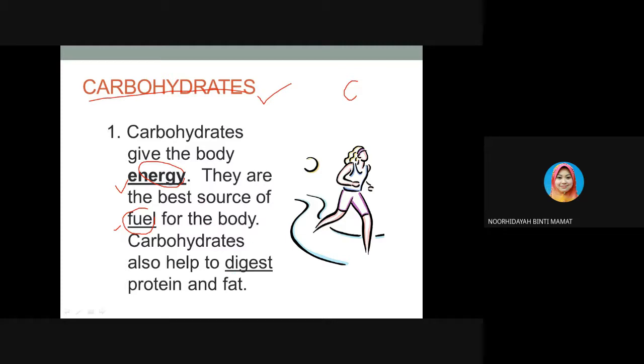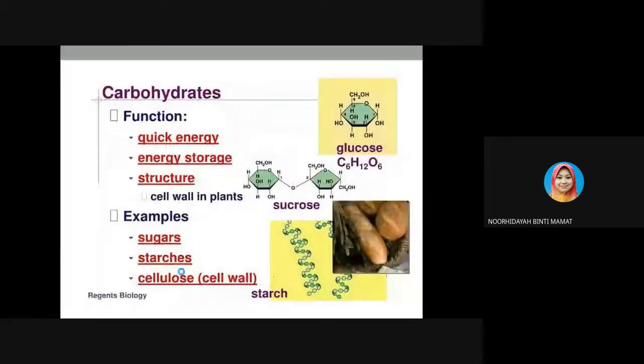So this is the importance of carbohydrates, because they can initiate the digestion of the protein and the fat.